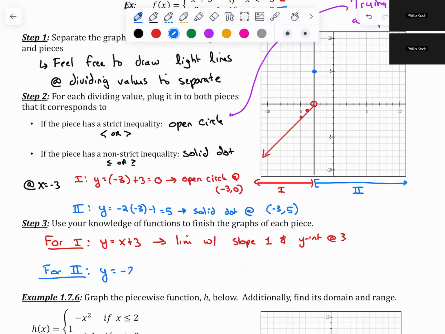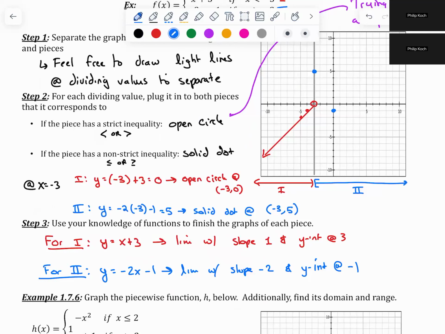y equals -2x minus 1. So that's a line with slope -2 and y-intercept at -1. So we can plot the y-intercept for the blue because that's part of it. The y-intercept, though, the y-axis is part of the second piece.